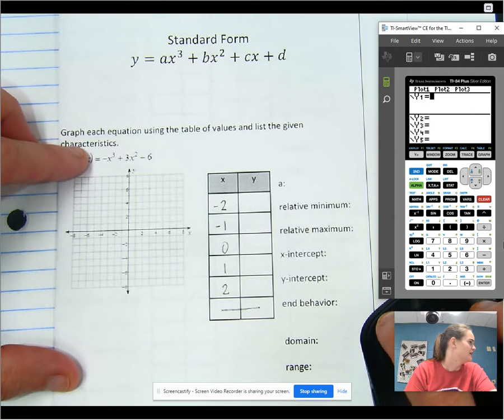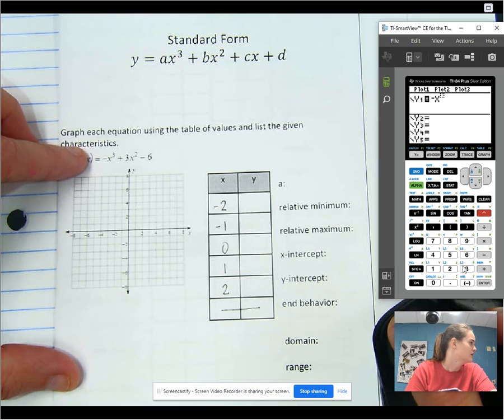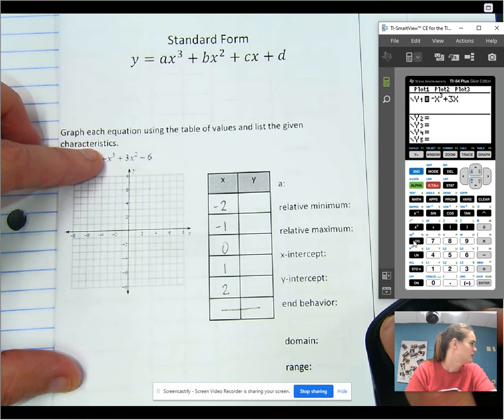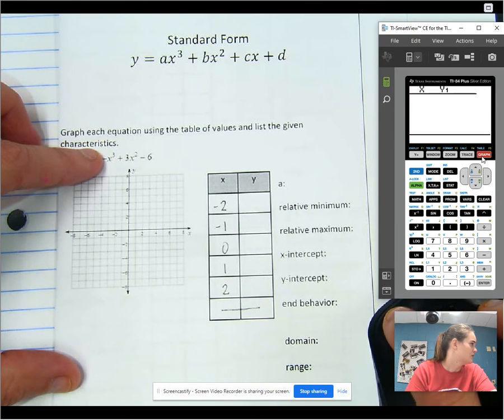I'm going to type in negative x to the third power, and then plus 3x squared, go over, minus 6. Then second graph, like we've been doing forever.